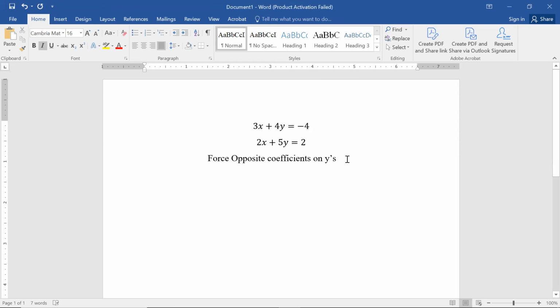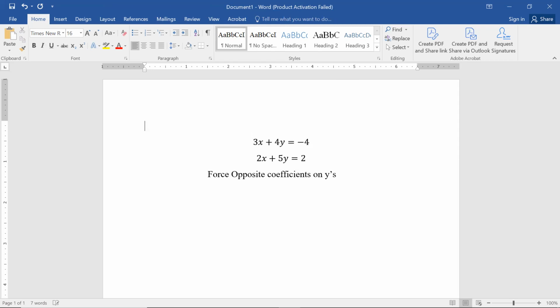Now, because we don't have opposite coefficients on our variables, what I'm going to do is I'm going to force opposite coefficients. Maybe I should have written to begin with that these are already lined up. So the variables are already lined up.